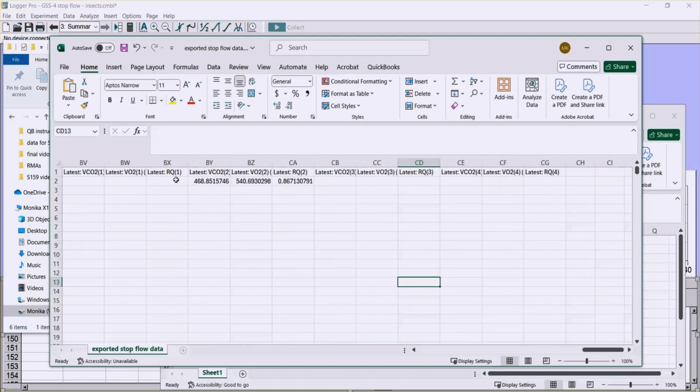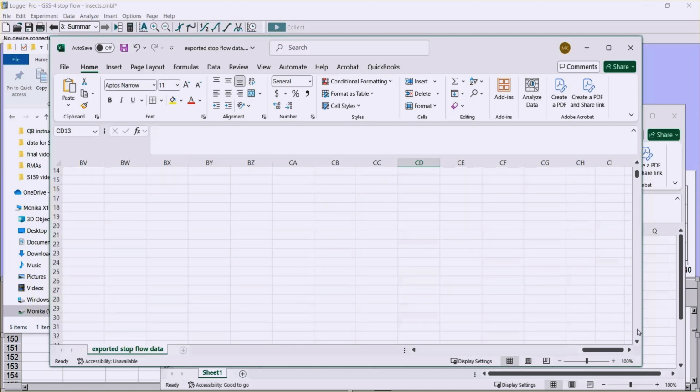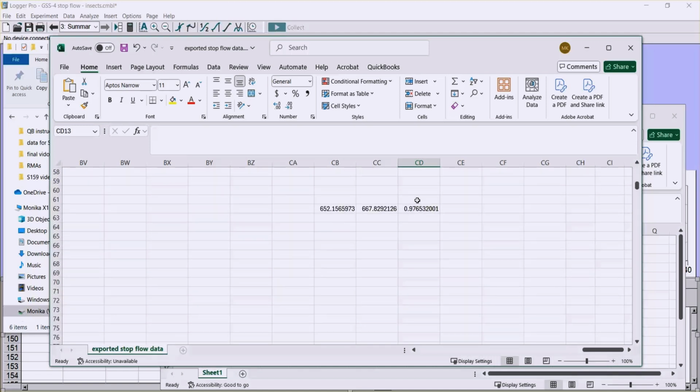And right at the end is where you will find the data for the actual VCO2, VO2, and RQ for each channel. Channel 1 here, these are our reference numbers, which should be 0 or very close to 0. And then for channel 2 and for channel 3 are here. And they're again going to be individual points. You have to scroll down and find each individual point.